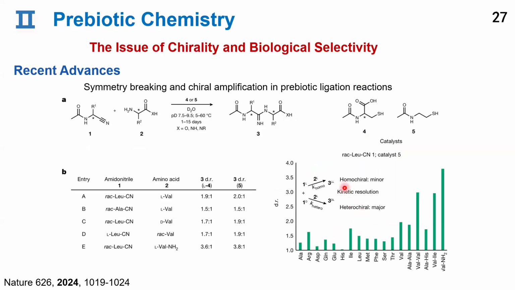Here are some recent advances. The scientists found that in a peptide ligation, there was an initial preference for heterochiral ligation over homochiral ligation. However, further analysis reveals that this can actually lead to chirality amplification. That is, even if only a small portion of the chiral bias is initially achieved, it can be amplified to a high purity of the same chiral chain through cooperative reactions.